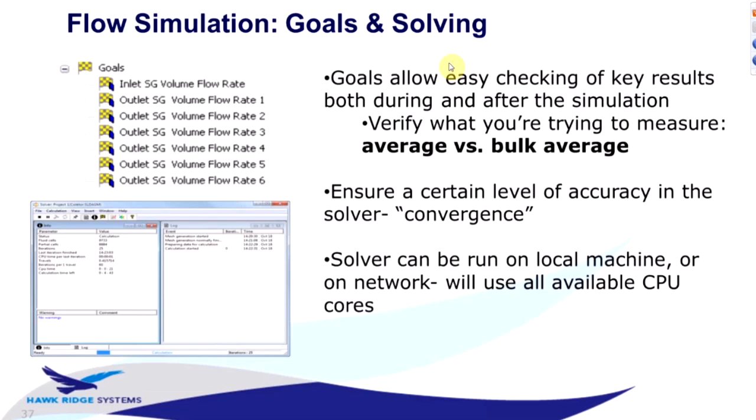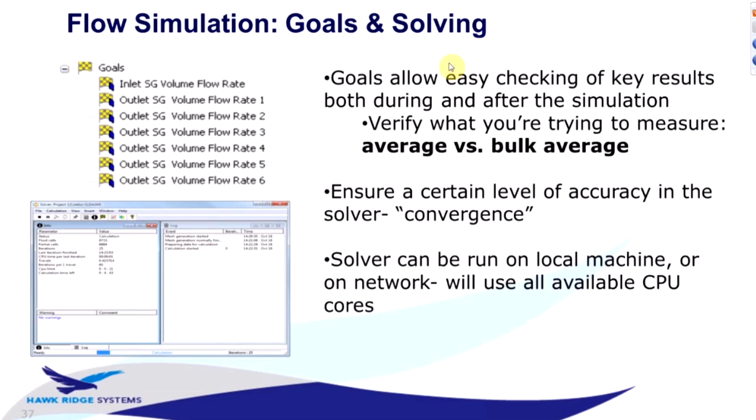And that process is called convergence. And it can typically be a lot of work in other programs. But in flow simulation, by specifying what these goals are, the key measurements you're looking for, that will ensure that the convergence process goes smoothly and that you get accurate results for the steady-state solution for these problems.